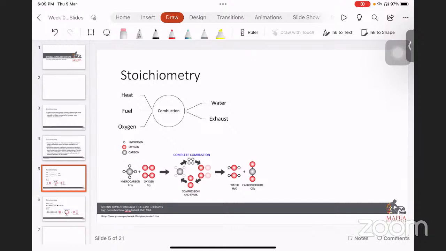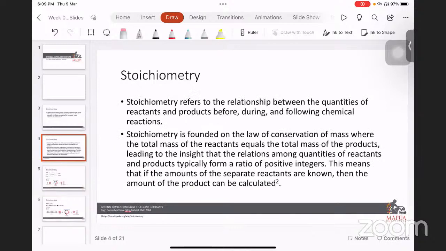So since law of conservation of mass, how much fuel and how much oxygen you put into your combustion process is equal to the amount of water plus the amount of exhaust. Dito sa kabilang slide, sinabi niya na meron kang reactants at saka meron kang integers.